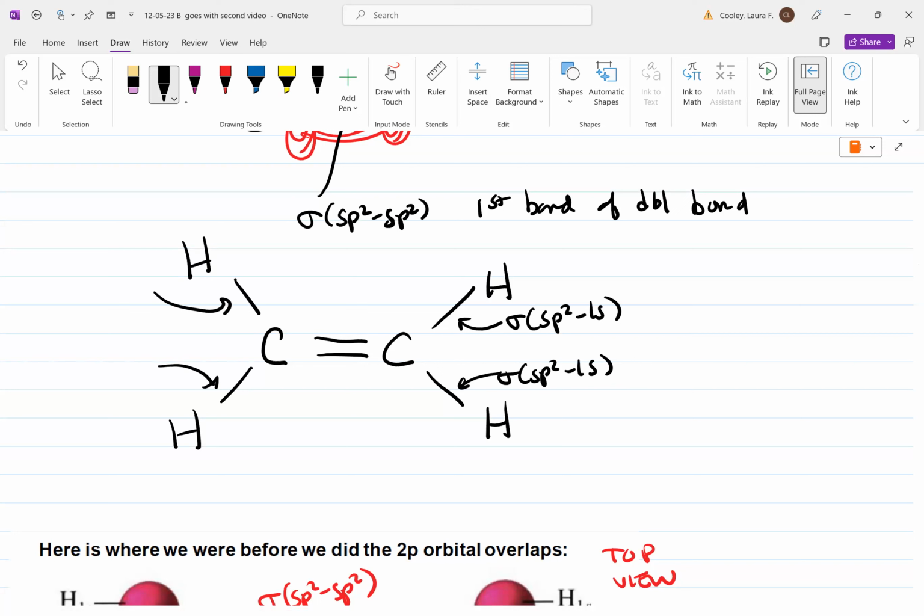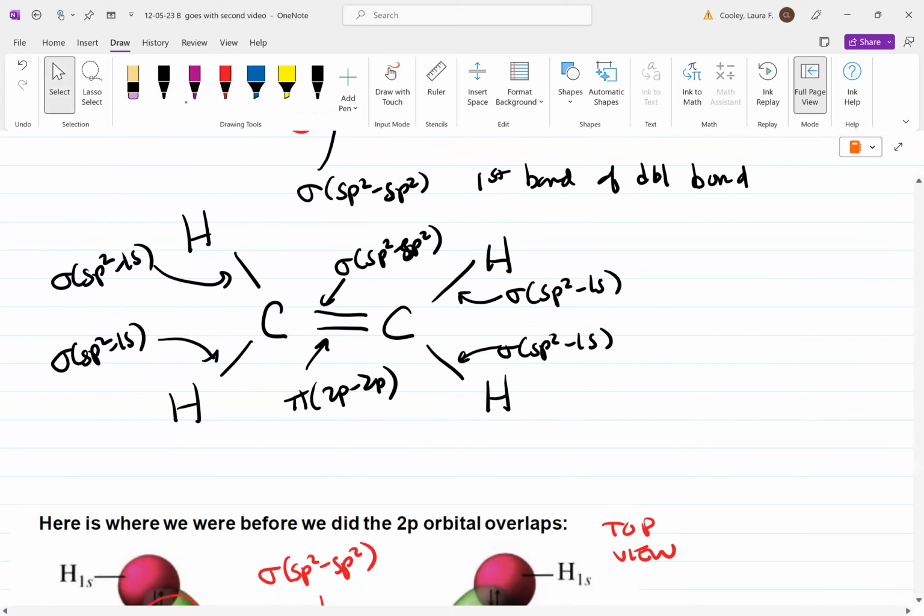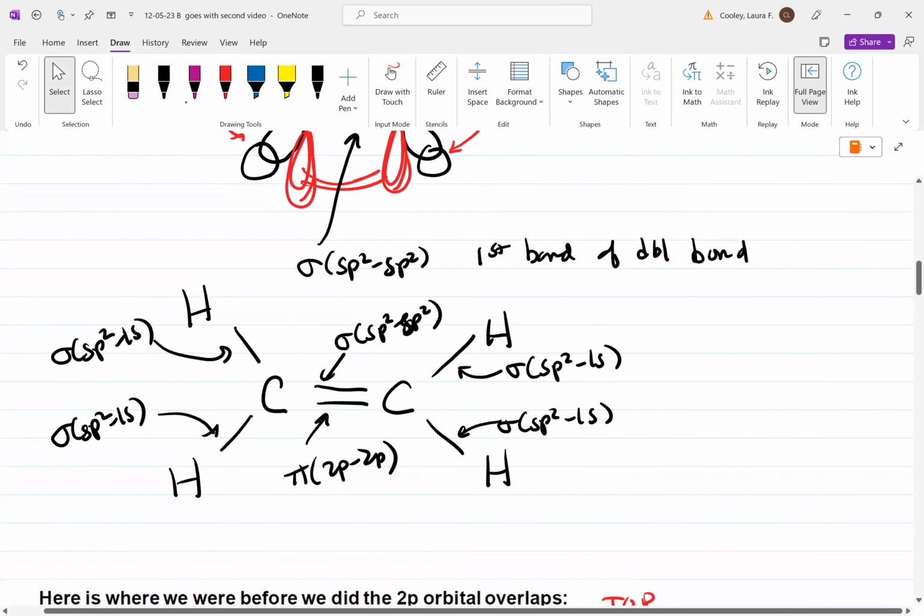So are these. One of these is a sigma sp2 sp2, and then we have the pi from the overlap of those leftover 2p orbitals. That's kind of the end of that example.